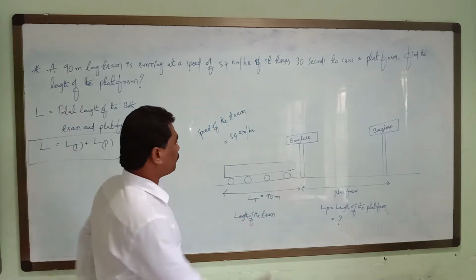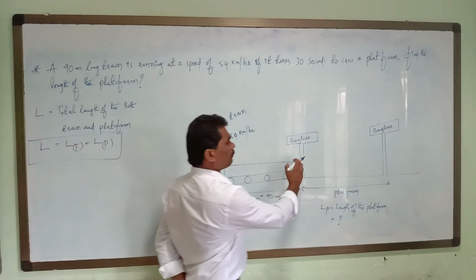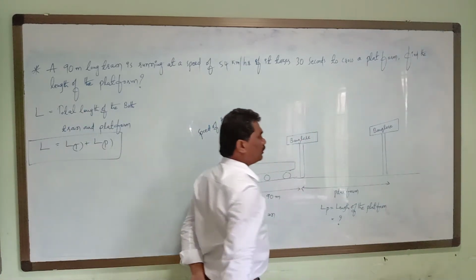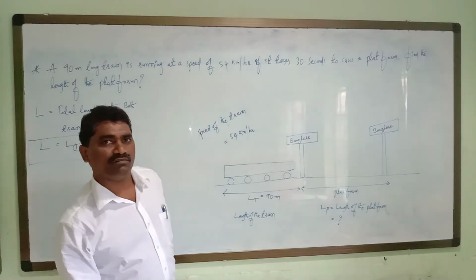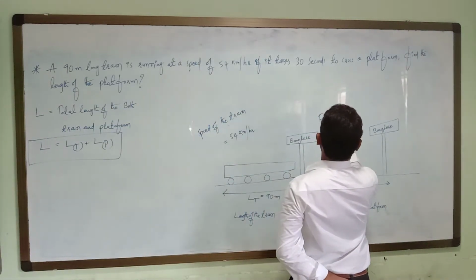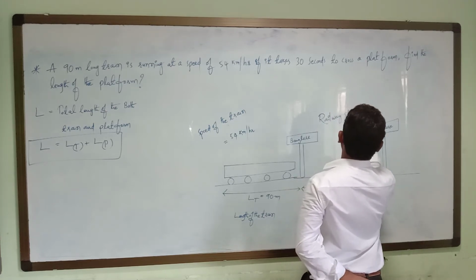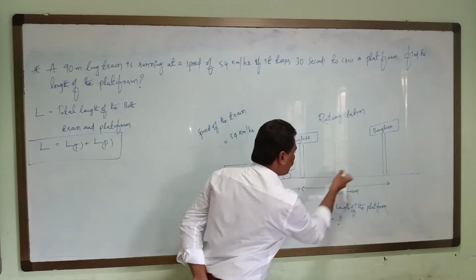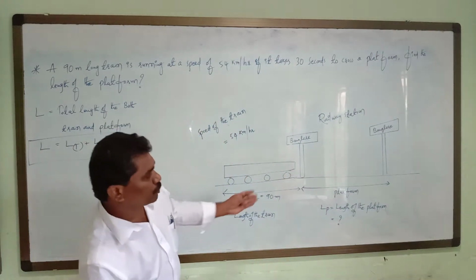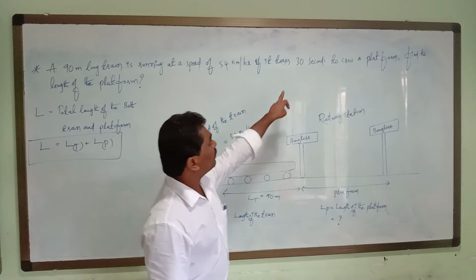How much time is taken by the train to cross the platform? For example, here is Bangalore railway station. So this is the platform of Bangalore railway station. To cross that railway station platform, it has taken 30 seconds.